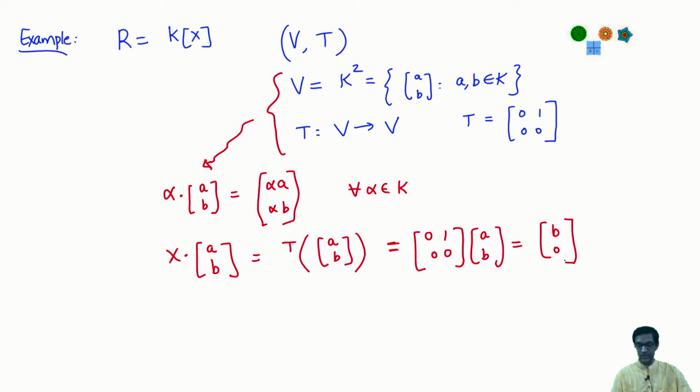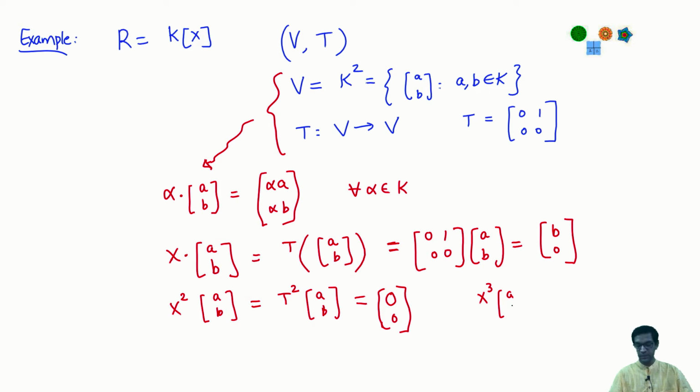So this is how x acts. x acting on (a, b) gives me (b, 0), and it's easy to check that if I take x square, which is supposed to be T square, I perform T twice, but if you take this matrix and square it, it just gives you the 0 matrix. So this is just going to be the 0 vector. In fact all higher powers of x, x cubed, x to the 4 and so on, all of them act as 0.